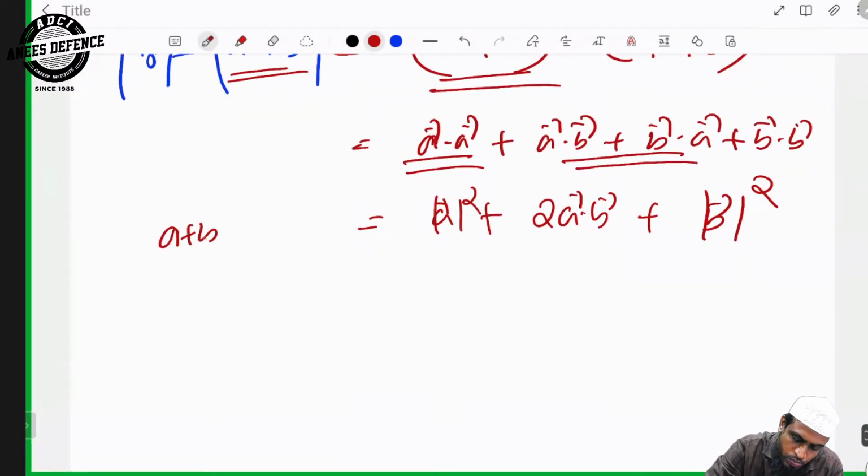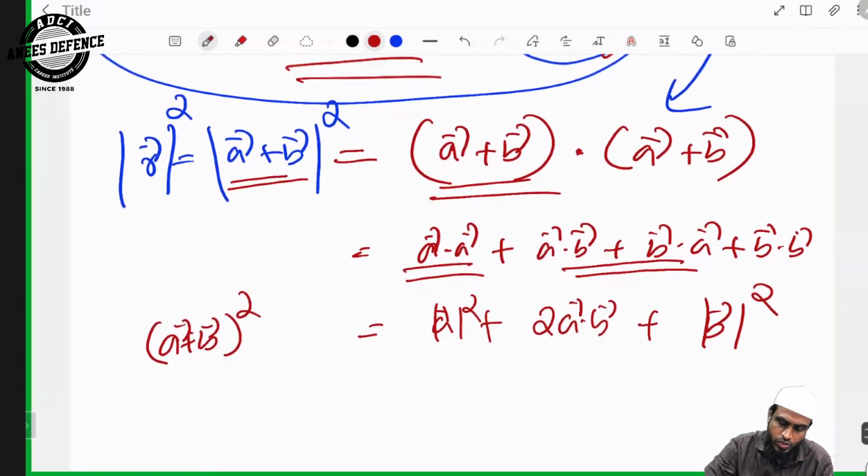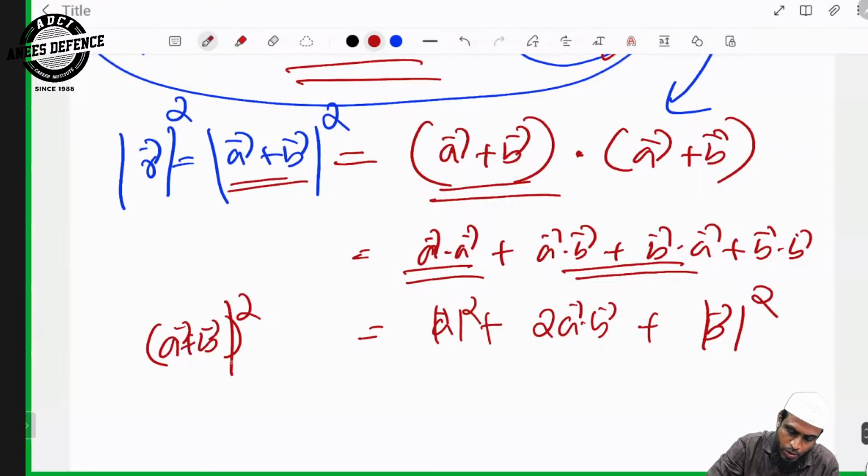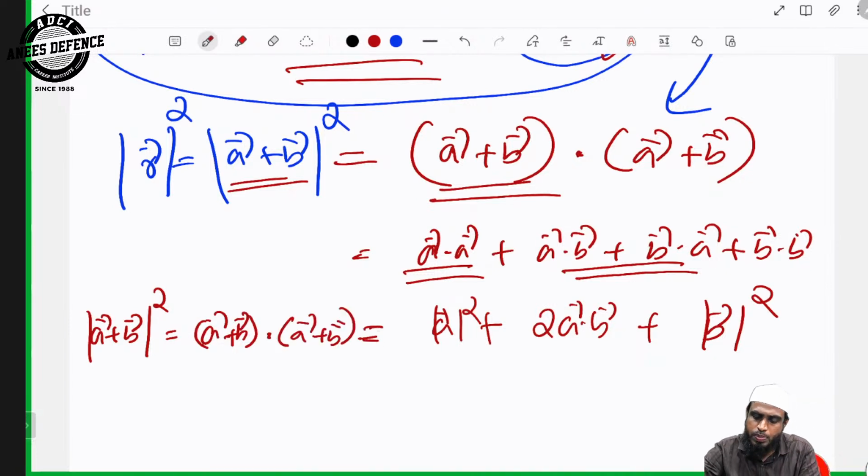So the magnitude of a plus b the whole square is equal to a plus b dot a plus b, equal to a square plus b square plus 2 a dot b.